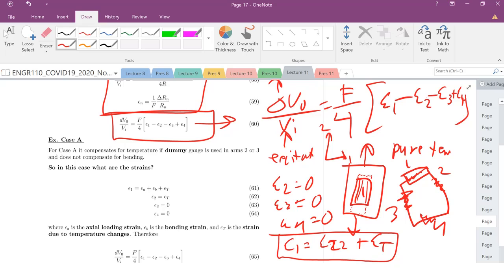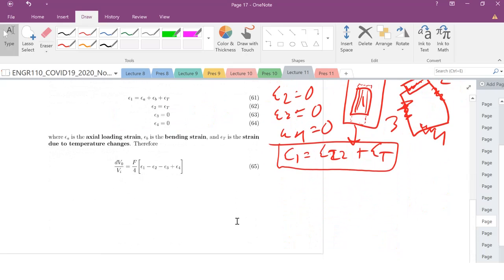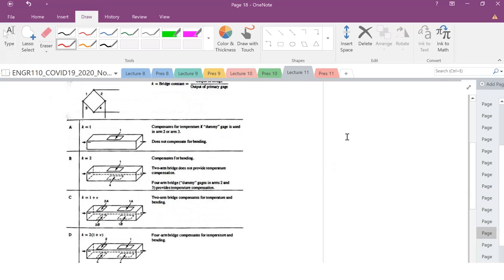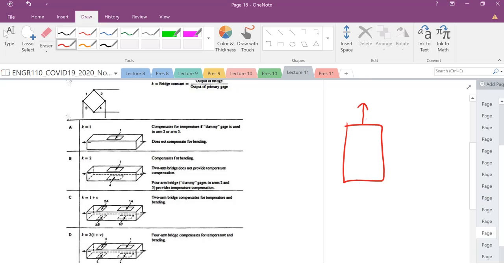So let's say instead, what if we had, for example, let's look at a new page. What if I had the following scenario? What if I had a material like this? So here's my material. I'm pulling in this direction, and I'm also pulling in this direction.